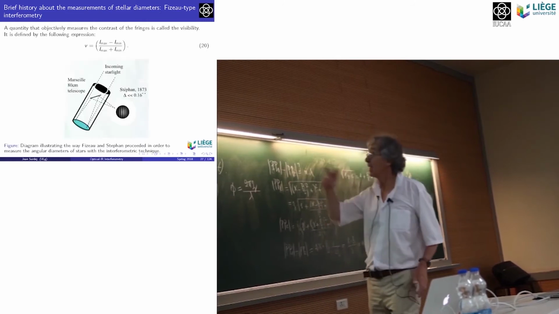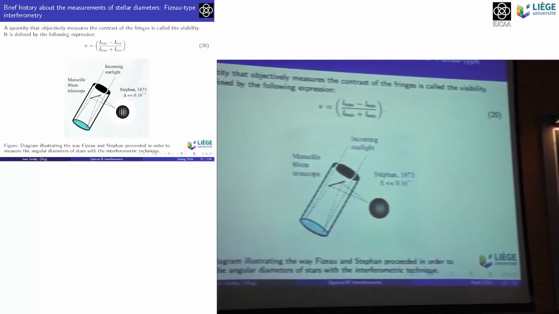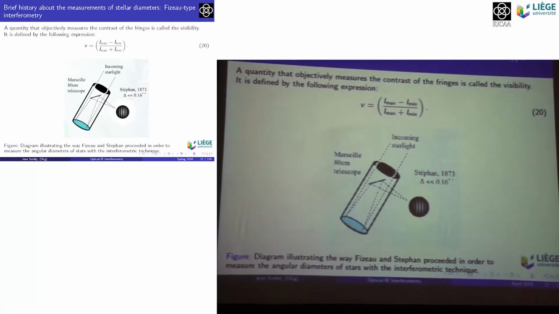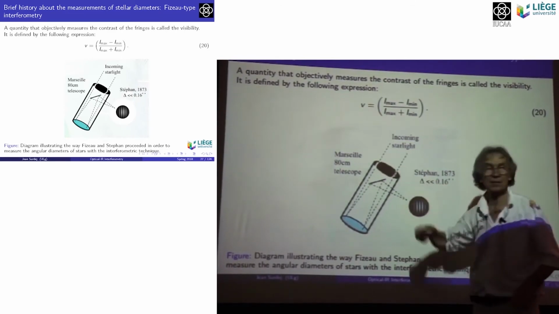Okay, and so, in 1873, Stéphan makes use of the 80-centimeter telescope of Marseille Observatory. And he sets on top a screen with, in fact, 2 slits.